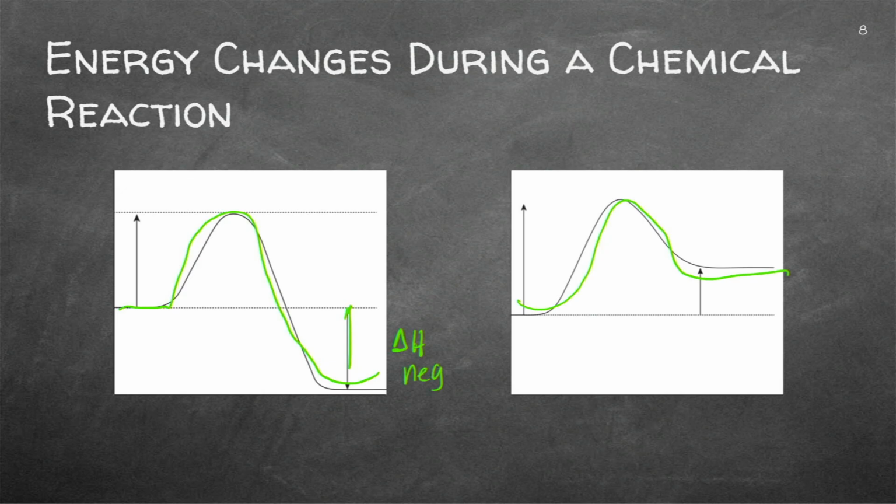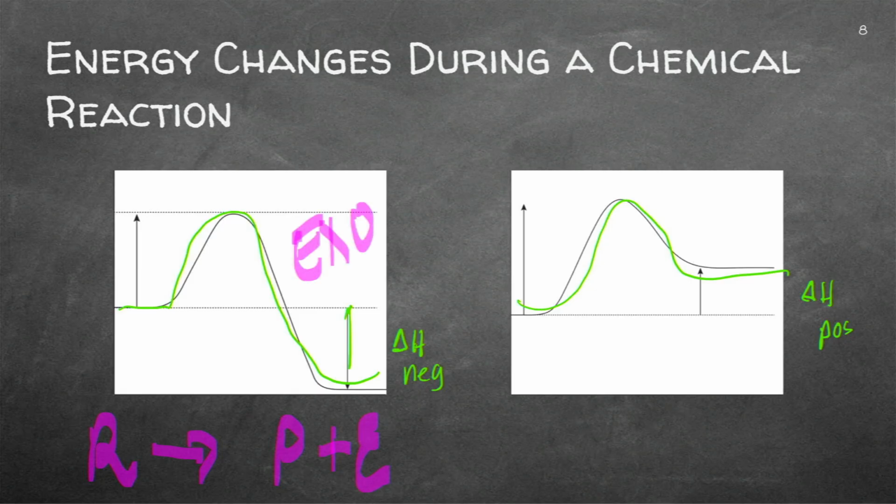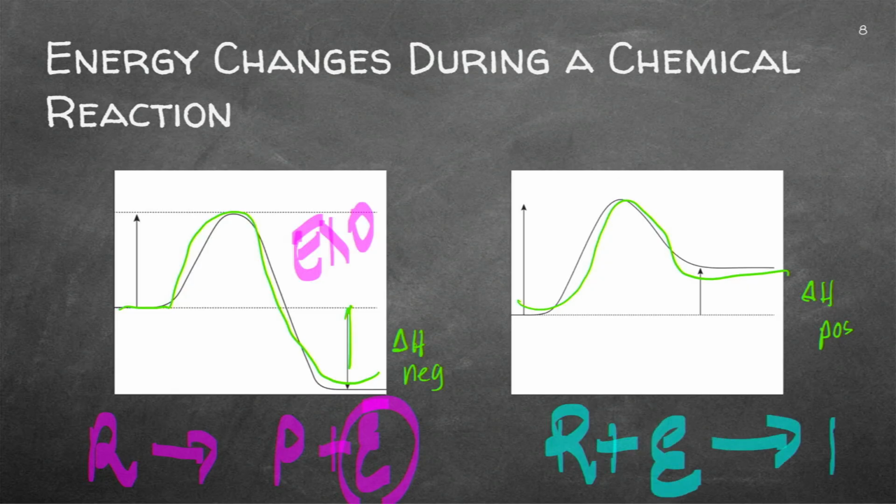What do I know here? Delta H, positive. How do I write my equation? Reactant is product plus energy, exo, at the end. How do I write this side? Well, it is reactant plus the energy becoming the product.